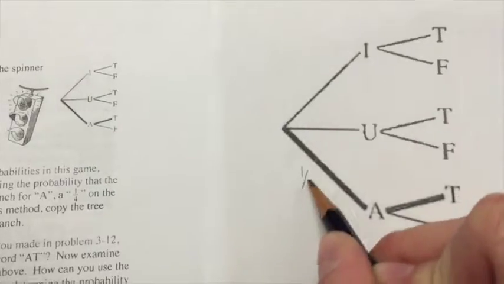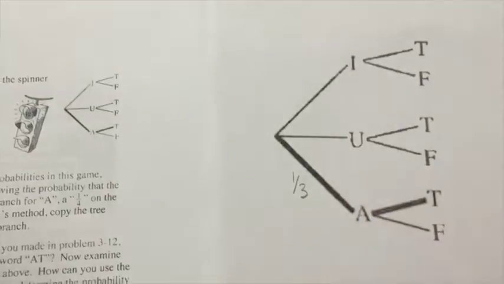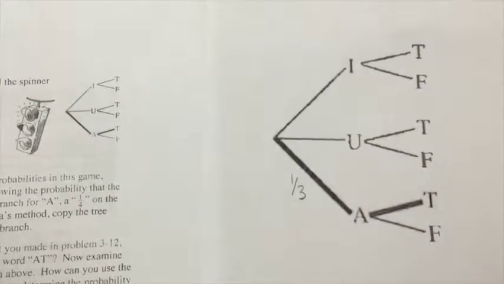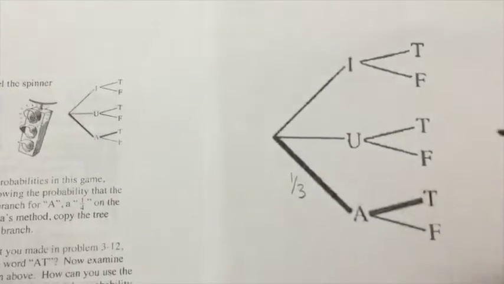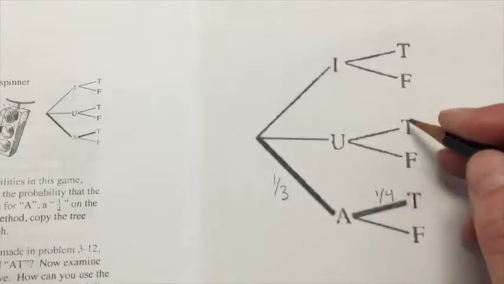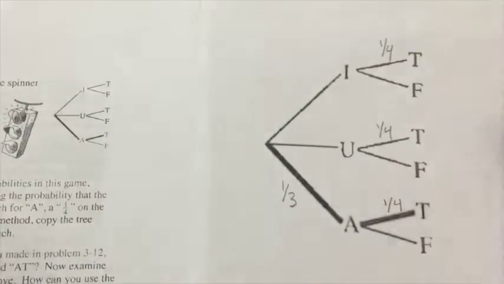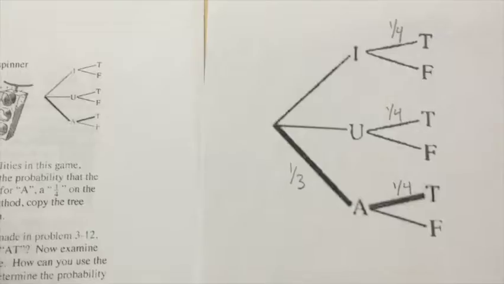So she wrote a 1/3 on this branch, right? She said the probability for T, for that branch, is a 1/4, right? Now, the T has multiple branches. It has a 1/4 branch here. It has a 1/4 branch here. So that's all she's meaning, right?